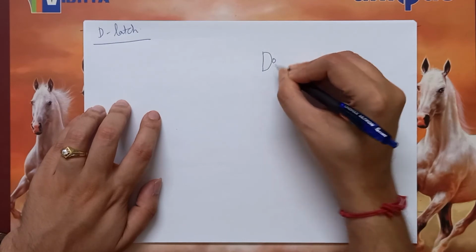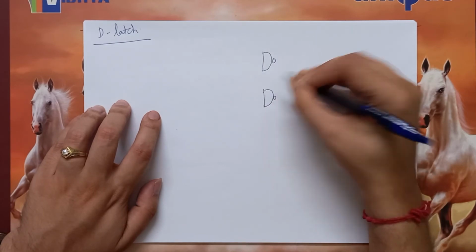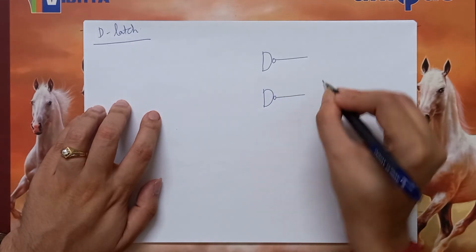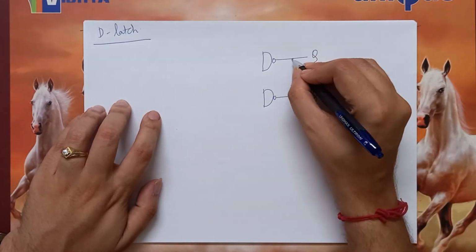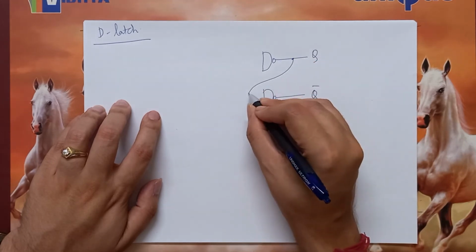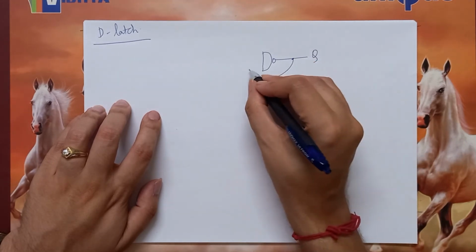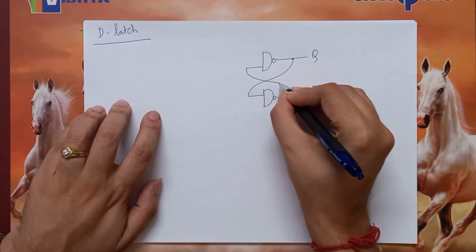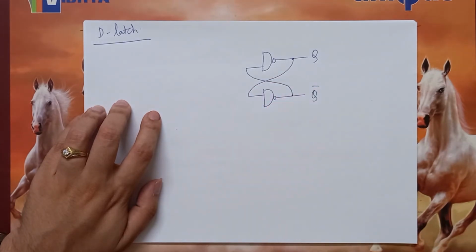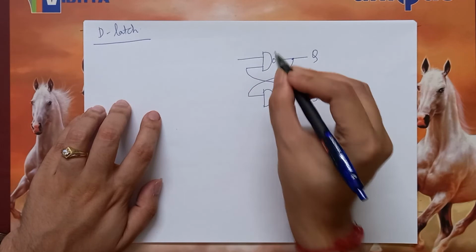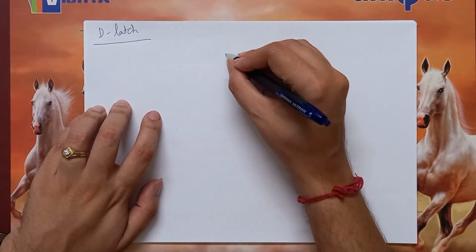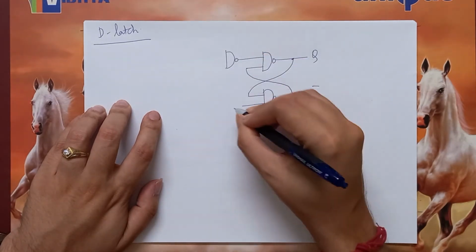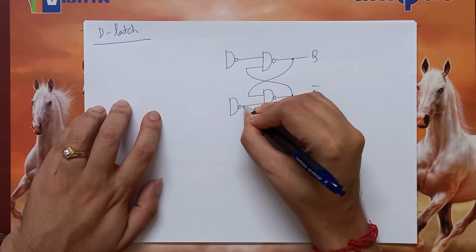So, the gated SR latch looks like this. This is Q, this is Q bar. This is the basic butterfly structure. Now, to make the gated SR latch, we add these NAND gates.